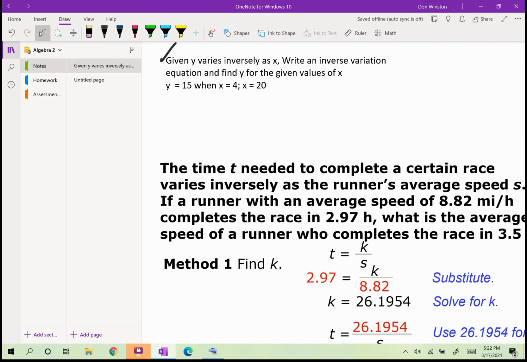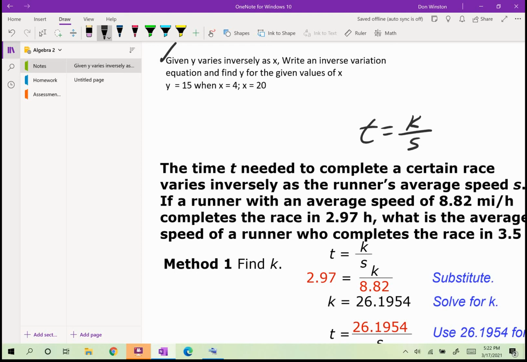Let's look at a word problem here. The time t needed to complete a certain race varies inversely as the average speed. So t equals k over speed, if you will.